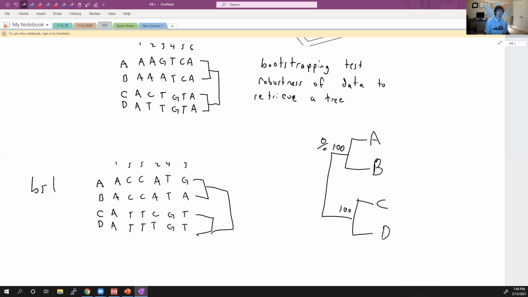Really, I think where the improvements are, and I hope I don't get in trouble, but the improvements are speed, right? Because maximum likelihood takes a very, very long time. It used to take a really long time to do. Now, even with my most complex data set, it may take a few hours to bootstrap it 1,000 times.